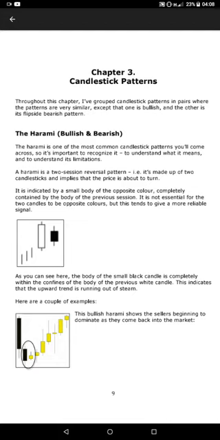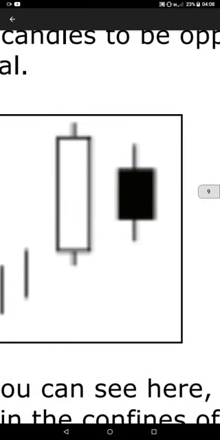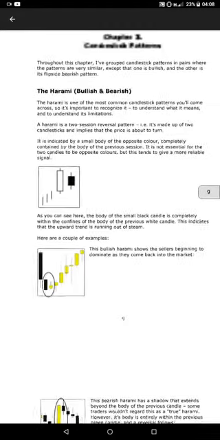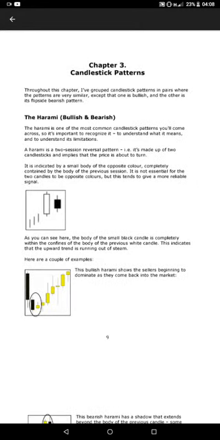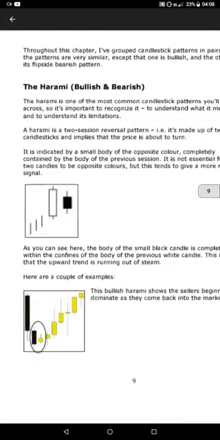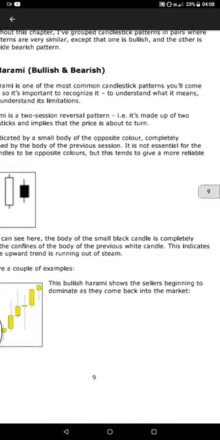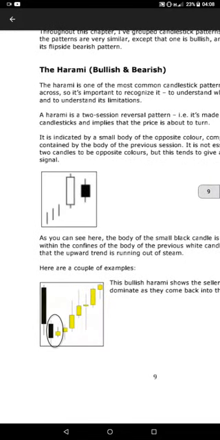As you can see here, guys, this is an easy example. As you can see here, the body of the small black candle is completely within the confines of the body of the previous white candle. This indicates that the uptrend is running out of steam.